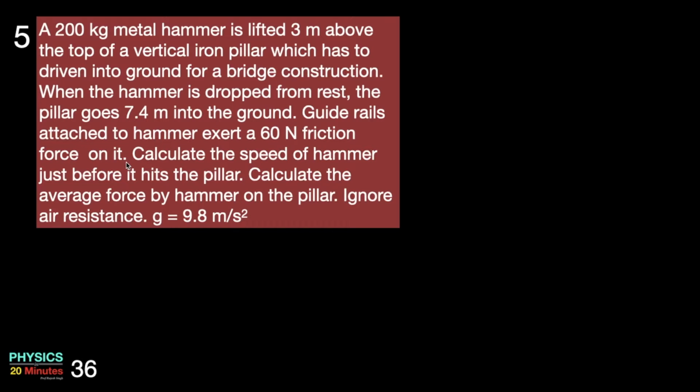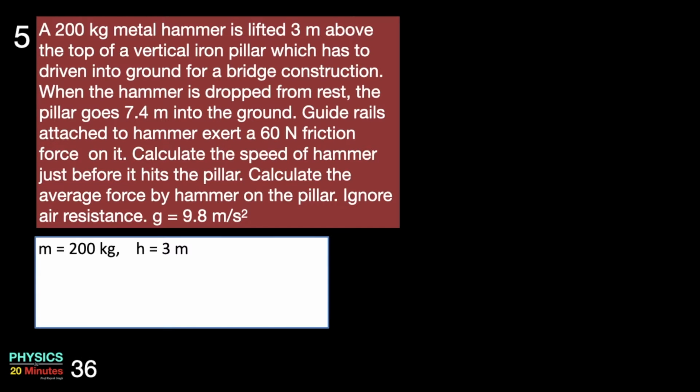Yes, so for the first part, when the hammer is dropped, it has been asked to calculate the speed just before it hits the pillar. I can use the work kinetic energy theorem for this first part. So let me write down my quantities. Mass is 200 kg, height is 3 meter. The friction is 60 Newton.